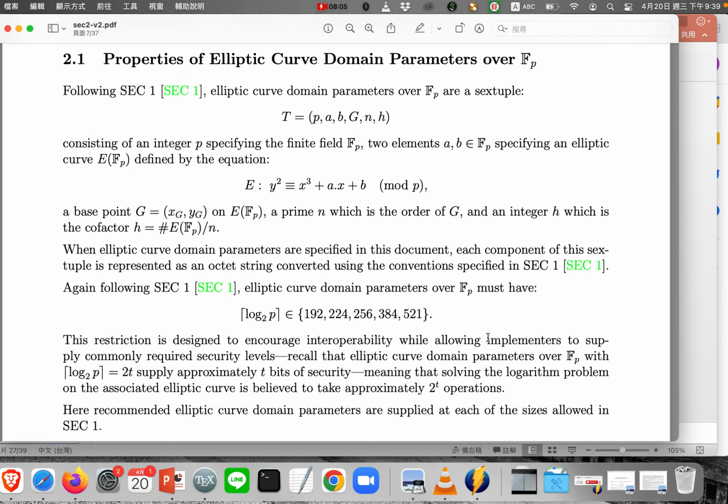This file contains the suggested parameters of an elliptic curve. Let's take a look.